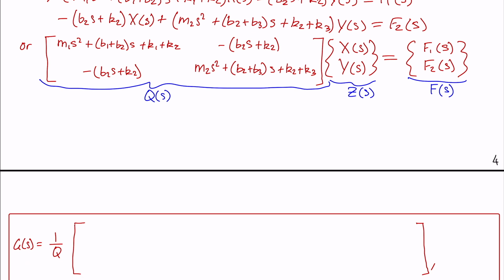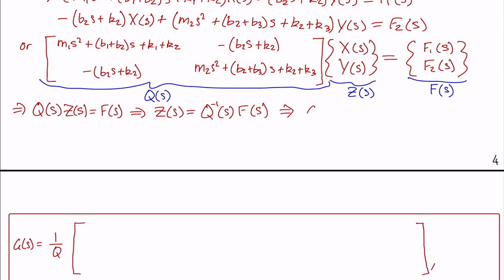Such that q of s times z of s is equal to f of s. And z of s is going to be equal to the inverse of q of s times f of s. As a result, our transfer function g of s is going to be equal to the inverse of this matrix q of s.